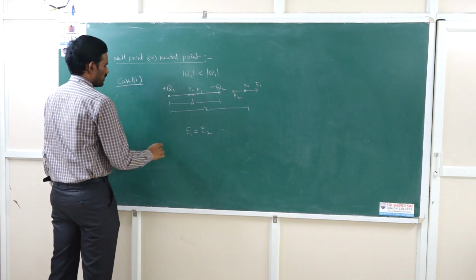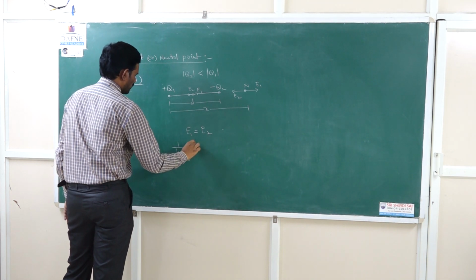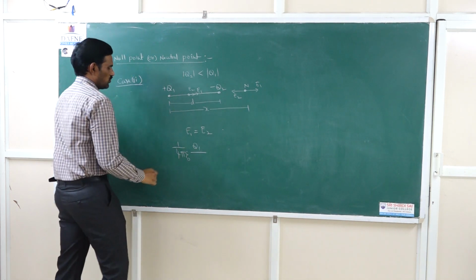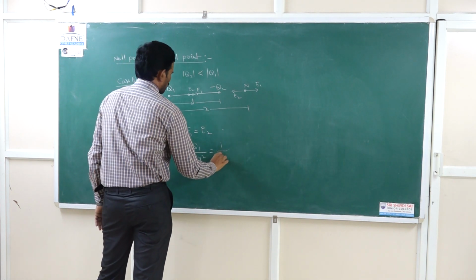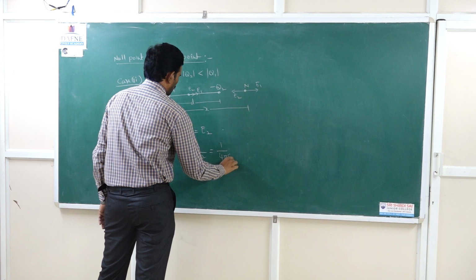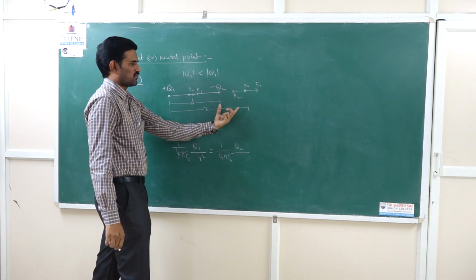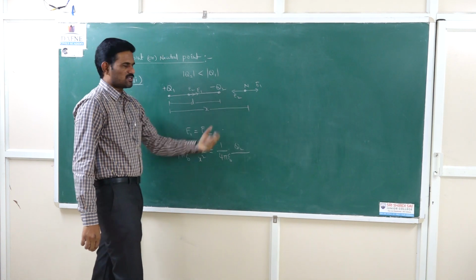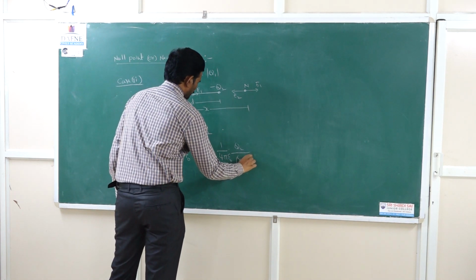The electric field due to the first charge Q1 we can write as 1 by 4 pi epsilon naught Q1 by x square, that is equal to 1 by 4 pi epsilon naught Q2 by, now the distance from Q2, x minus d whole square.